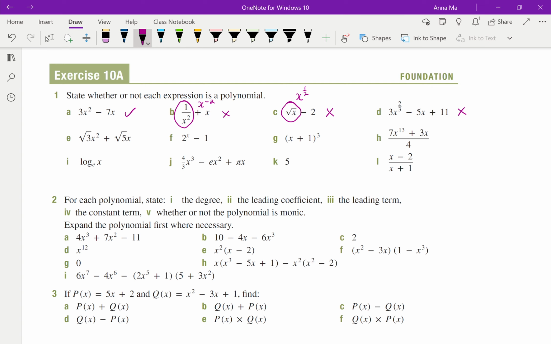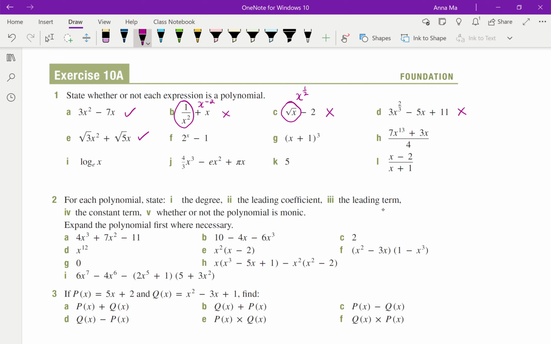No. If you have a look at part E though, the power on the x is 2, and the power on the x in this term is 1. I know there's a square root on the 3 and the 5, but they're actually the coefficients, and there are no conditions for the coefficients in a polynomial. We've only got restrictions on the power of the x. So this one is defined to be a polynomial.